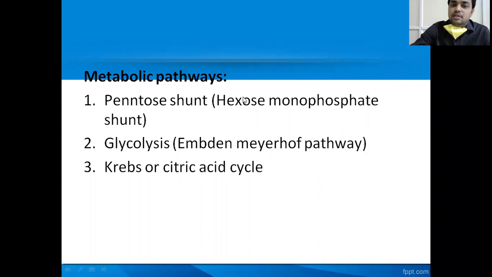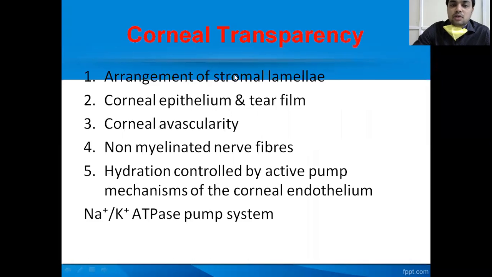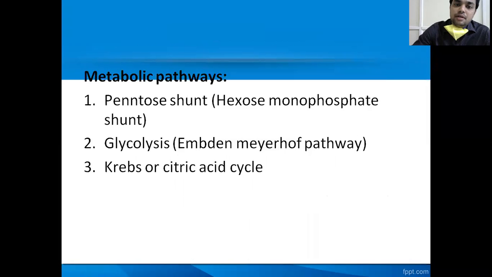The different metabolic pathways involved in the cornea are the HMP shunt, glycolysis, and the Krebs or citric acid cycle. These are the different pathways for energy production in the cornea. So this is the basic physiology of the cornea.